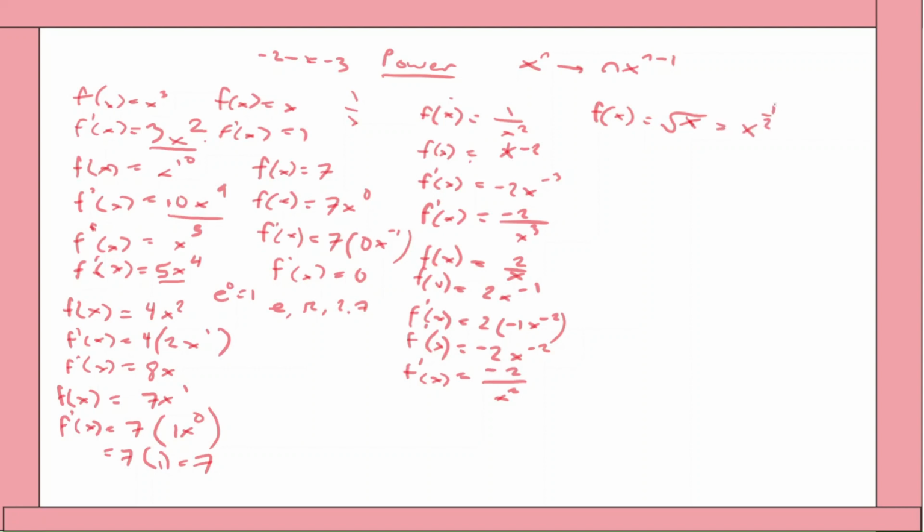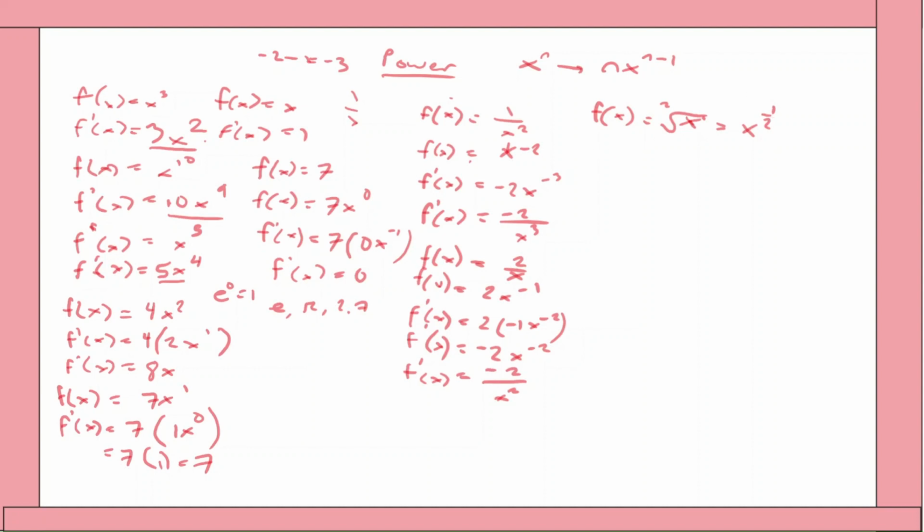If you don't remember why that's the case, keep in mind that on the outside here, we have a 2. It's just usually invisible for a square root. And then on top of the x, there's a 1. So whenever we're dealing with fractional exponents, if we have a root, the 2 is the bottom number of the fraction, or the outside number, and then the one inside turns into the top of the fraction.